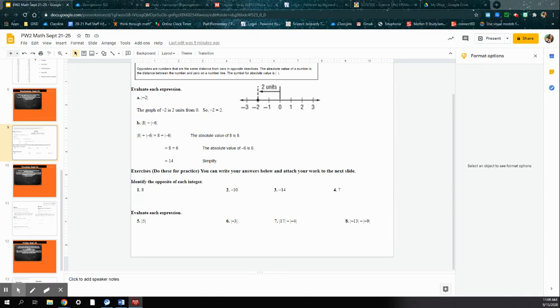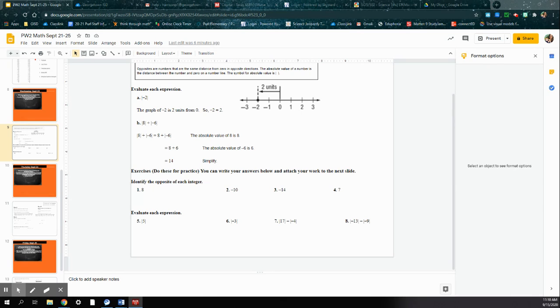So if you need a pause, I'm going to zoom out. If you need to pause and write down these notes, you can go ahead and do that. Again, I would highly suggest you write them because they might come in handy, okay? So if you need a pause, you can pause it and go ahead and write down these notes, okay?